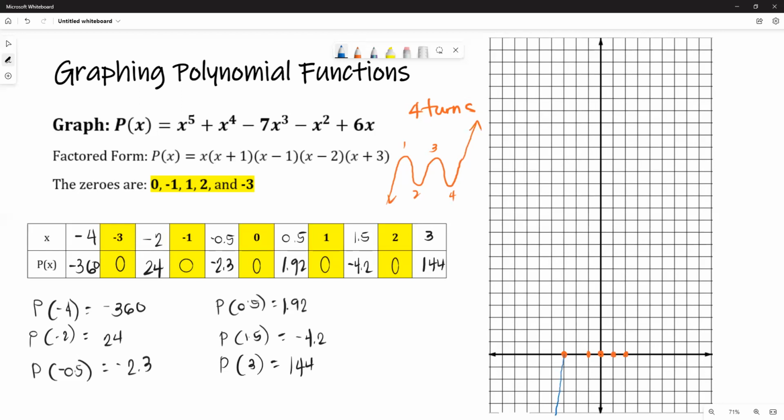And then for negative 2, 24, we count up to 24 at this point. So our movement will continue to this point.